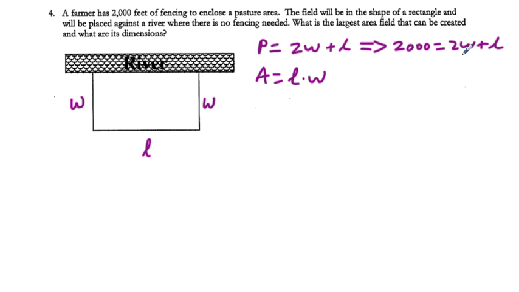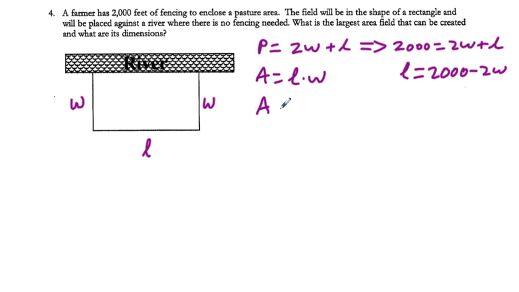So we can replace one of these variables here, either length or width, and I'm going to want to replace, I believe, length. So if we solve for L in this perimeter equation, L equals 2,000 minus 2W.